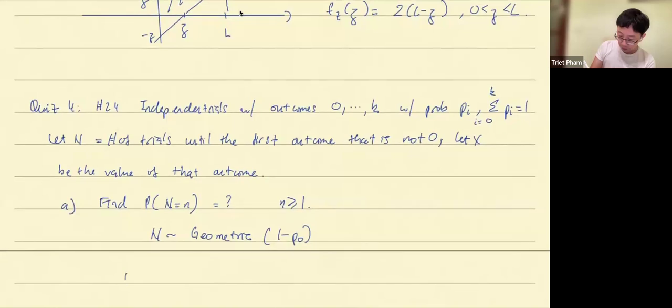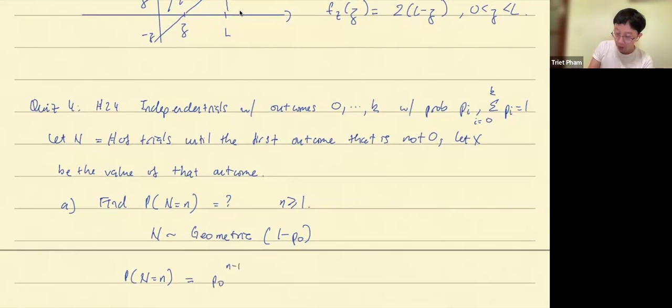Therefore, the probability that N equals n is P0 raised to the n minus 1 power times 1 minus P0. Okay?